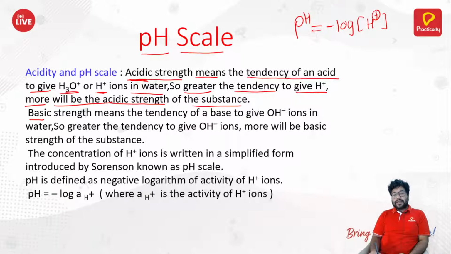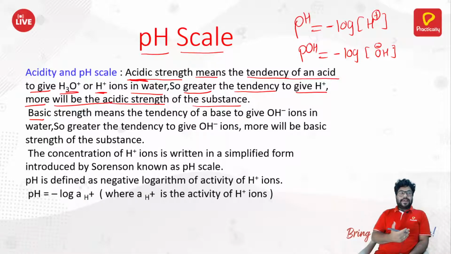Now basic strength. Just as with pH, you can also find the pOH. pOH is equal to the negative logarithm of the OH minus ion concentration. Generally you don't need to find the pOH if you have already got the pH, because pH plus pOH is equal to 14, right?